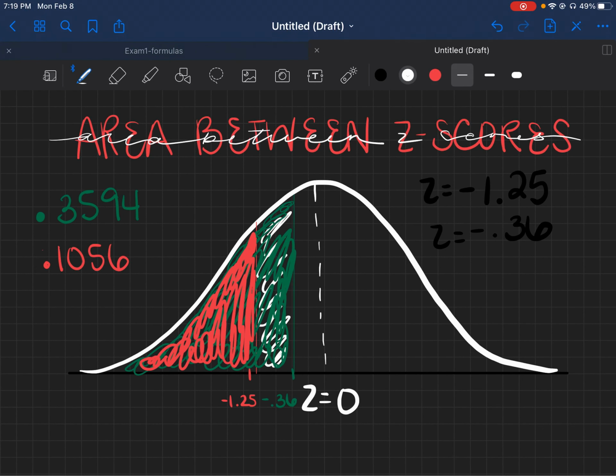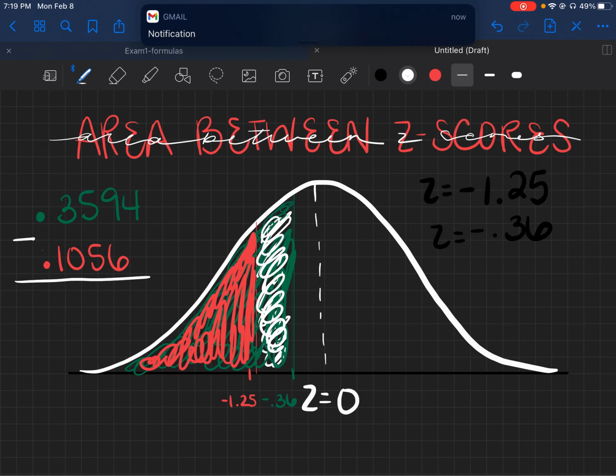So in order to find this white area, we are subtracting the red from the green. So we're going to be doing 0.3594 minus 0.1056.